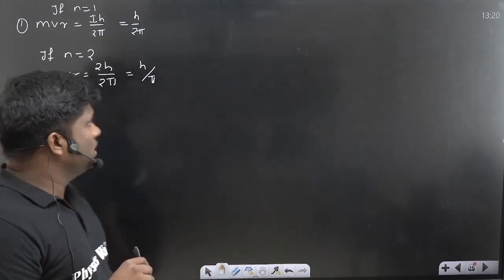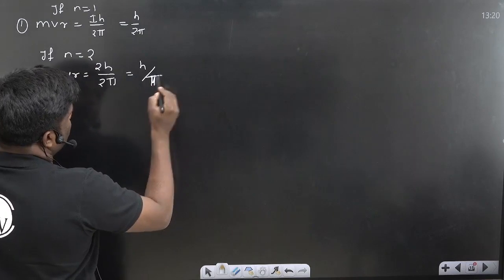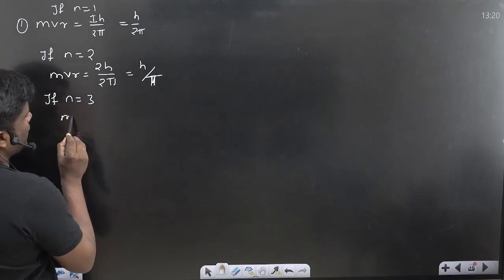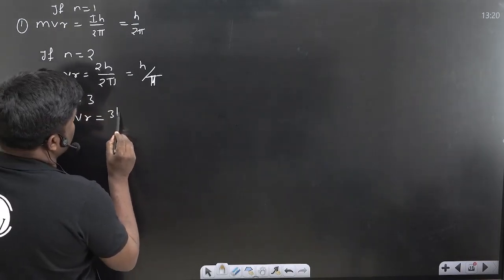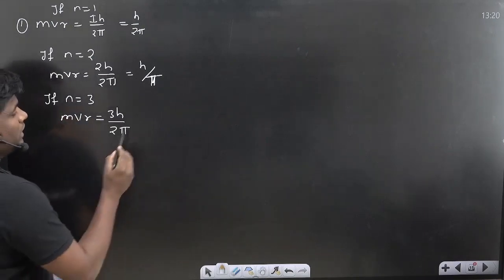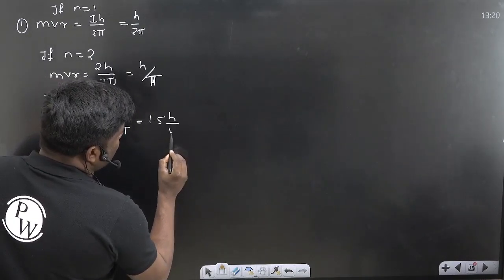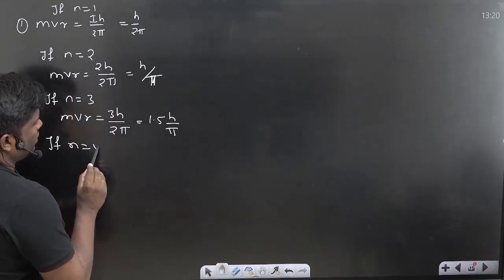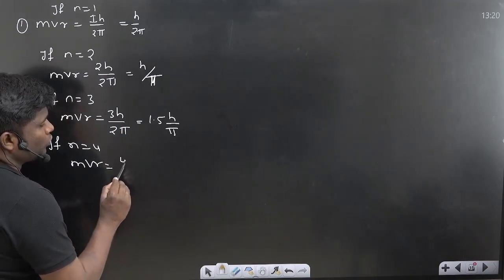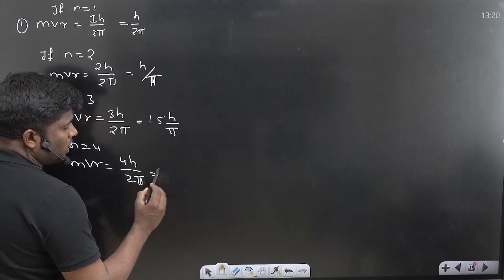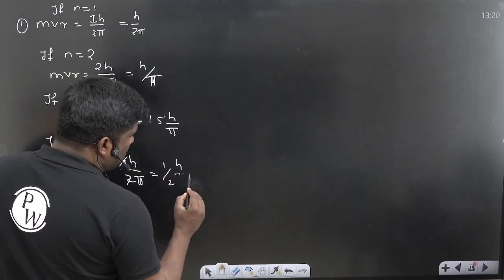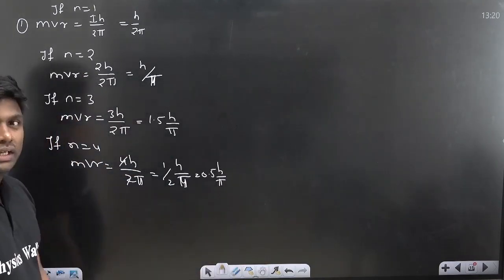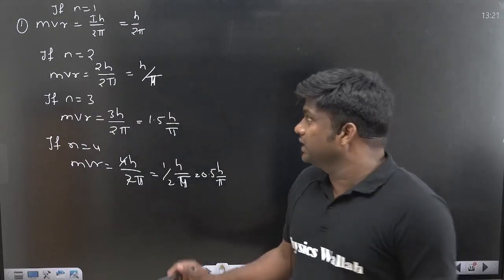In the third case, if n is 3, mvr is equal to 3h by 2 pi, that is 1.5 h by pi. And if n is 4, mvr is equal to 4h by 2 pi, that is 2 h by pi. So these are the angular momenta of the electron present in the various orbits.